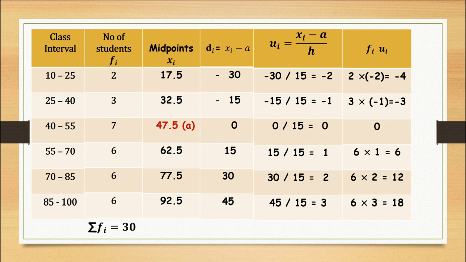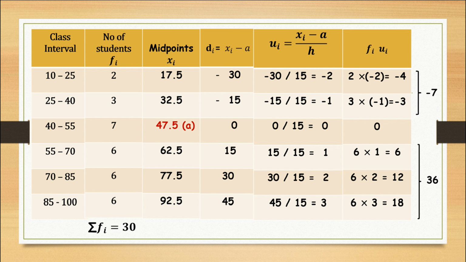Now we have to add the values in fi ui column to get summation fi ui. Here you can add the negative values. If you add 4 and 3, you get 7. Put a negative sign, minus 7. Now you can add all the positive values, that is 6 plus 12 plus 18. You get 36. If you have a negative sign and a positive sign, we have to choose subtraction. So minus 7 plus 36.